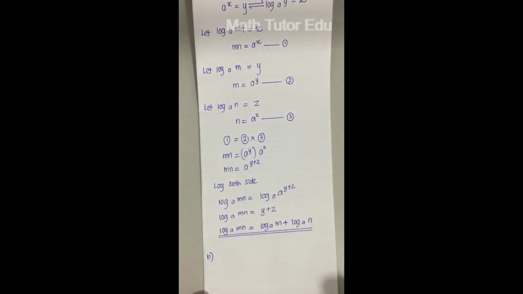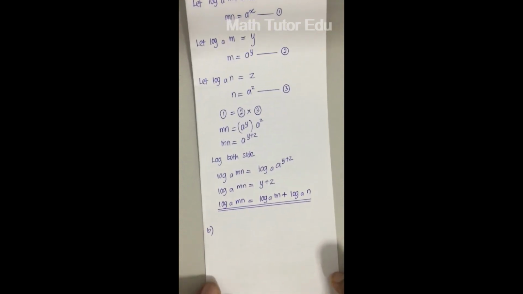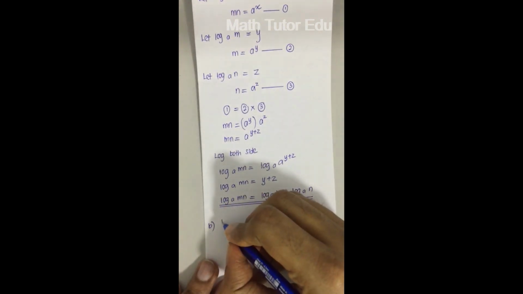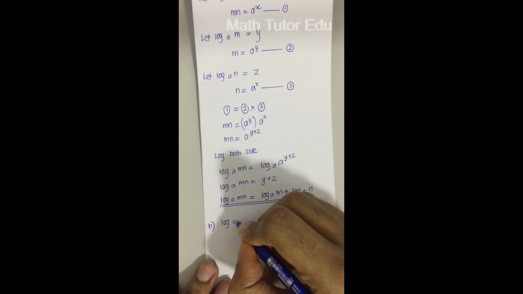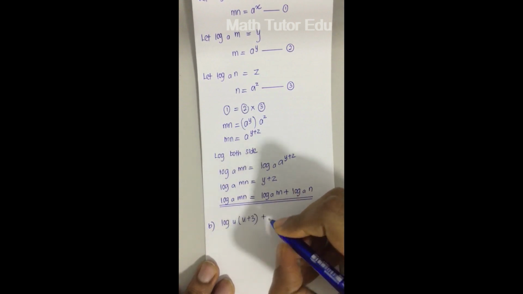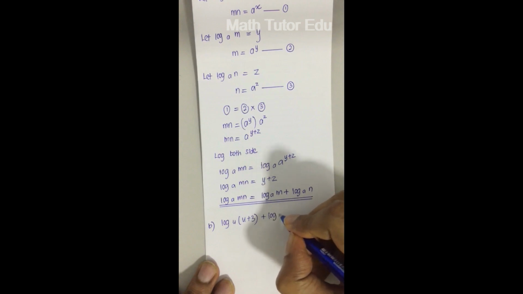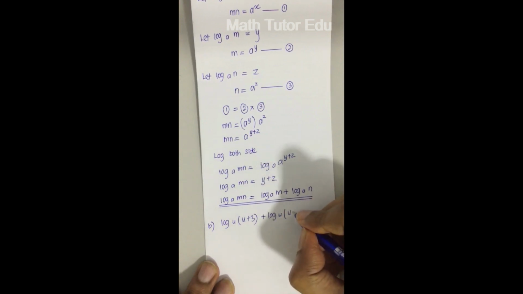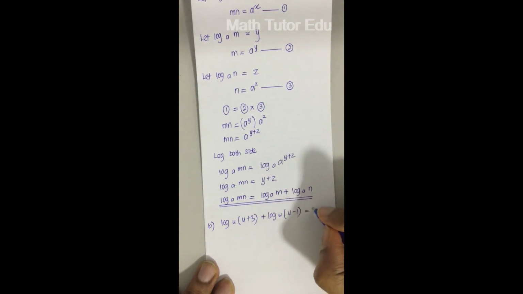Okay, we need to solve log u of (u plus 3) plus log u of (u minus 1) equals 2, and we are required to find the value of u. So from here, let me write the logarithm equation now. Given that log u of (u plus 3) plus log u of (u minus 1) is equal to 2.